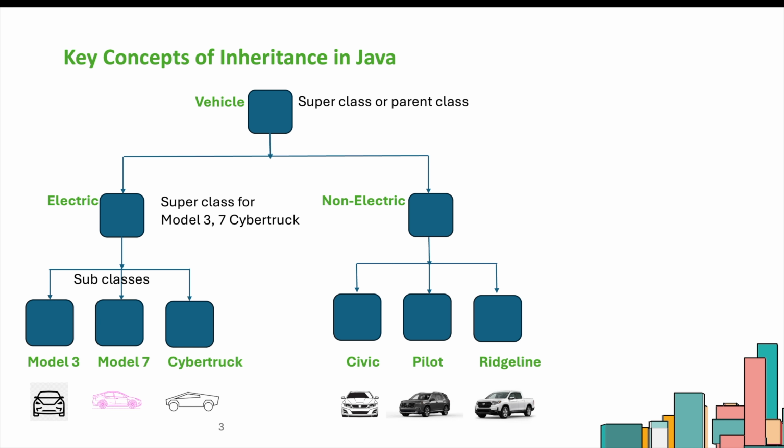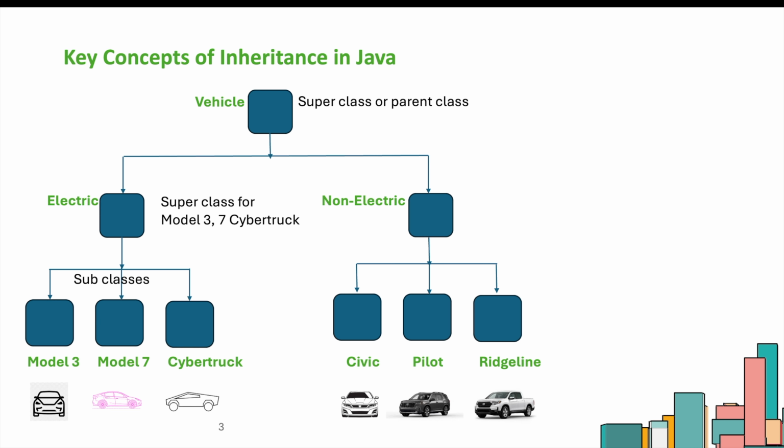And also electric can be a superclass for three subclasses, which are Model 3, Model 7, Cybertruck. And non-electric can be a subclass of superclass vehicle and a superclass for Civic, Pilot, Ridgeline. If you look at Model 3, Model 7, Cybertruck, they don't have any subclasses.